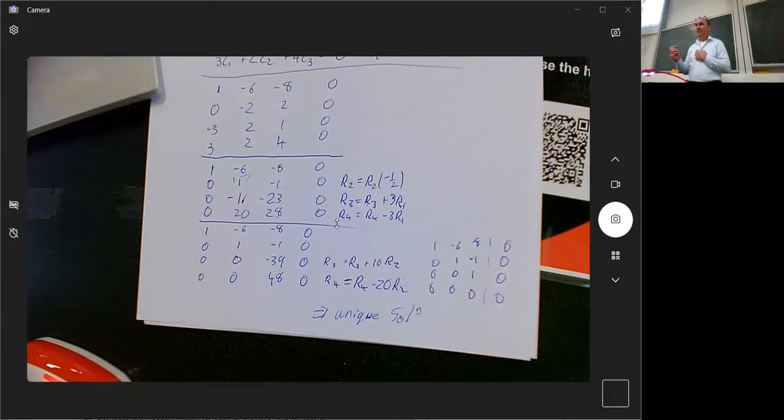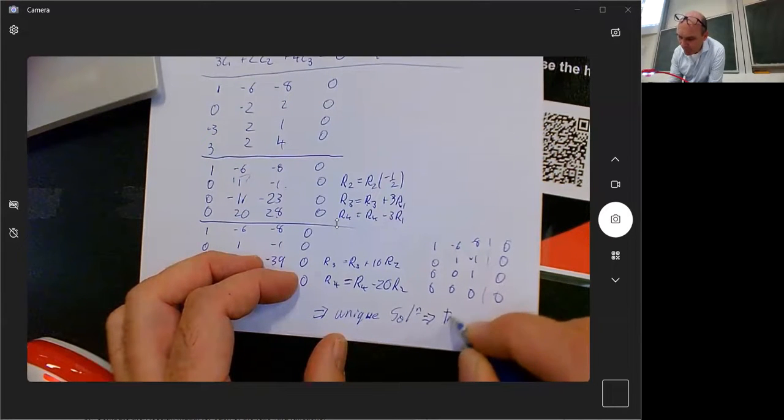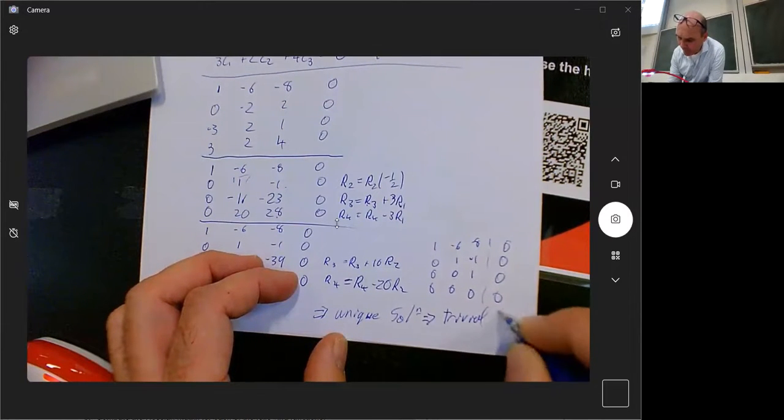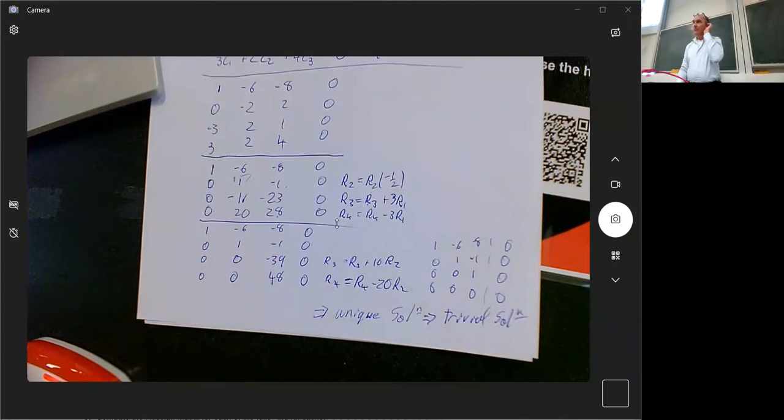All right, unique solution. Equals the number of columns, yes, of that matrix, the matrix A part.